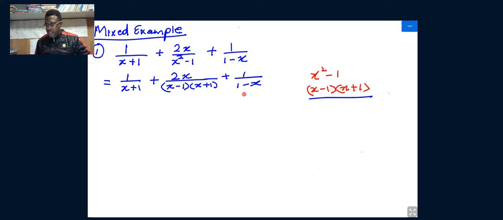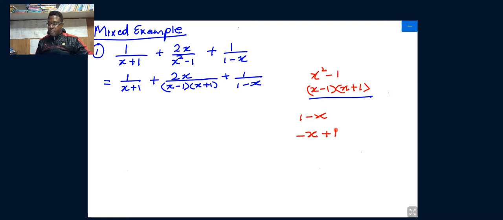We need to work with this thing. Let me just show you what we are going to do. If you have 1 minus x, 1 is positive and x is negative. So you want to rearrange this thing. The rearrangement has got benefits because it's going to suit the condition that we want, a condition that will enable us to simplify this expression further. So we have negative x plus 1.